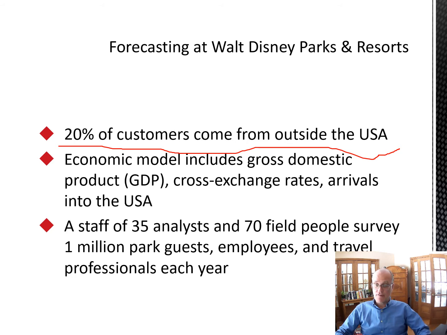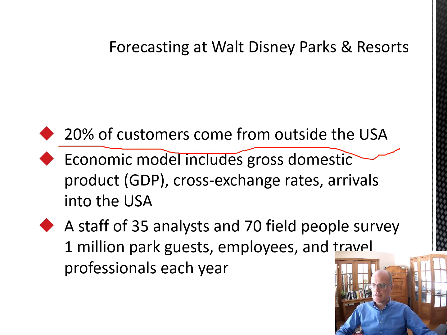They have, in fact, more than 35 analysts, and 70 people in the field to survey over 1 million park guests, employees, and travel professionals every year. So they don't just look at the numbers; they actually look at the qualitative aspects, what people are saying to them, in order to get a really good understanding and a foundation on which to build their decisions.